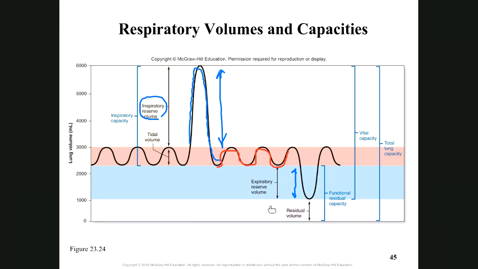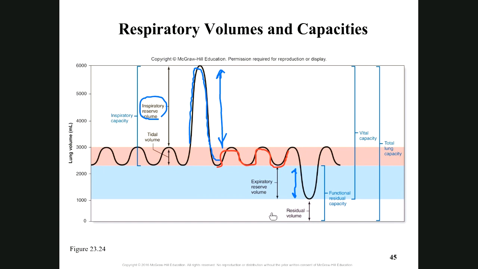And we have a small amount of air in our lung all the time, even when we are doing forceful exhalation. This amount of air is called residual volume. These are the different volumes which we can measure by a spirometer.